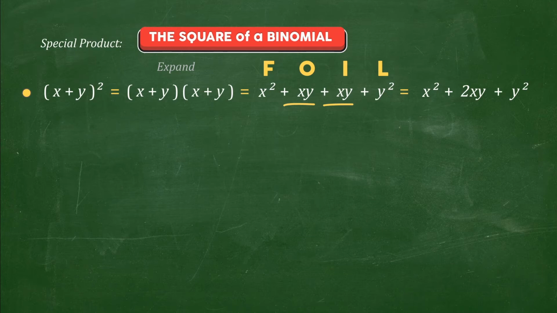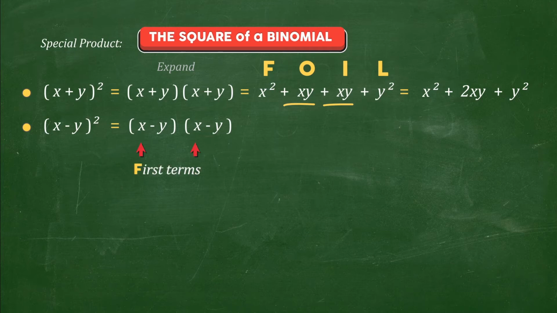Now let's try a slightly different item. What is the square of x minus y? So, again, we expand first, like so. Then again, we multiply by FOIL. First terms, x times x is x squared. Outer terms, be careful this time. X times negative y is negative xy.